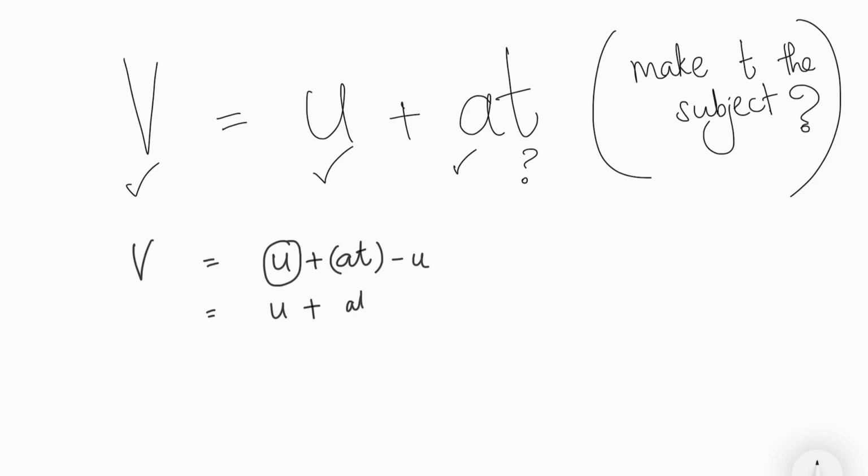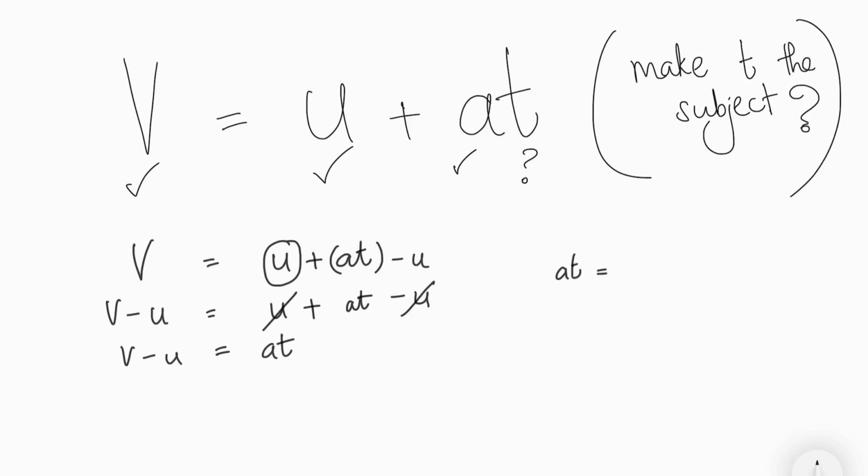So it would be u plus at minus u. If I do something on one side of the equation, I'm supposed to do the same thing to the other side of the equation as well, right? So that would be v minus u is equal to at. Would you agree to this? Now, I have a into t.